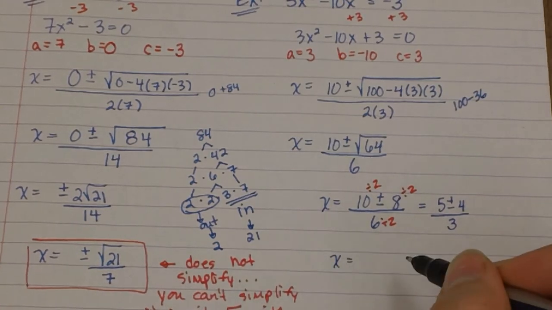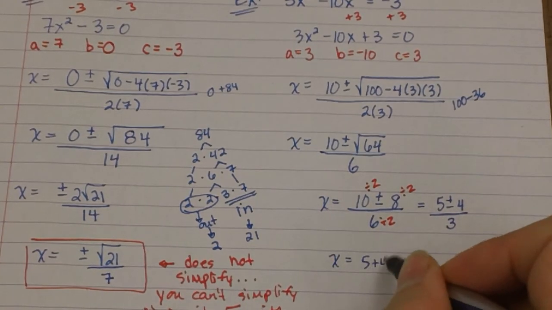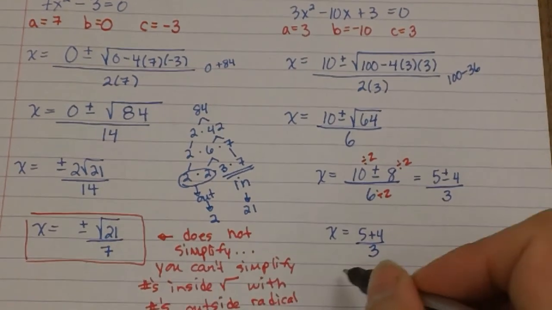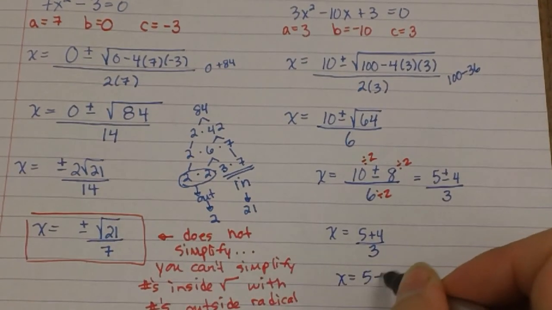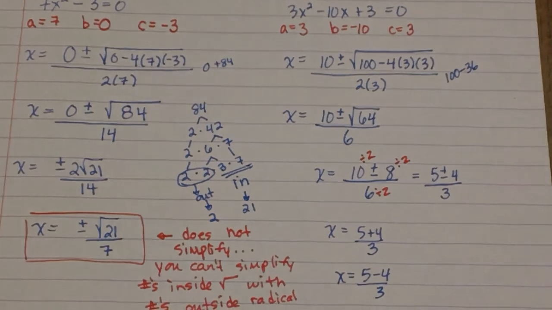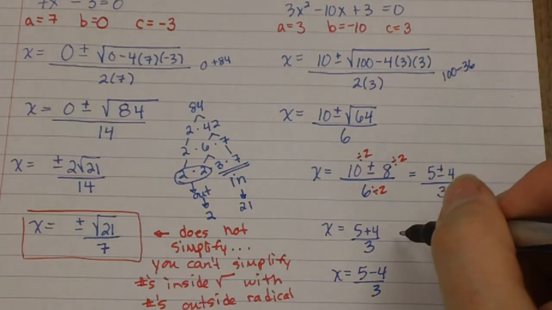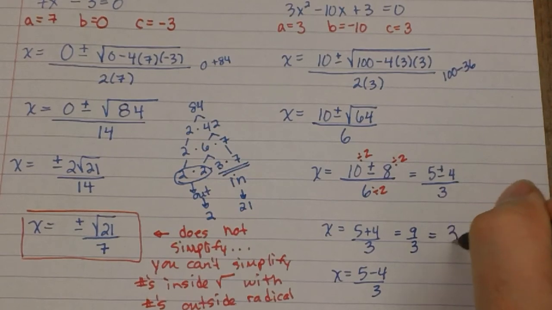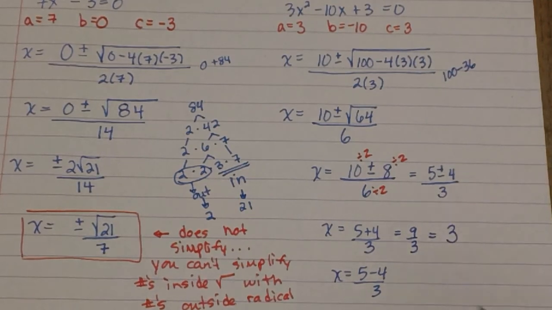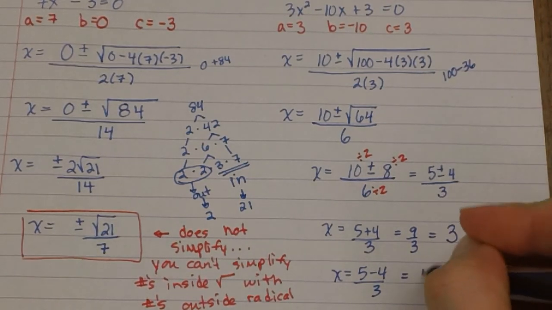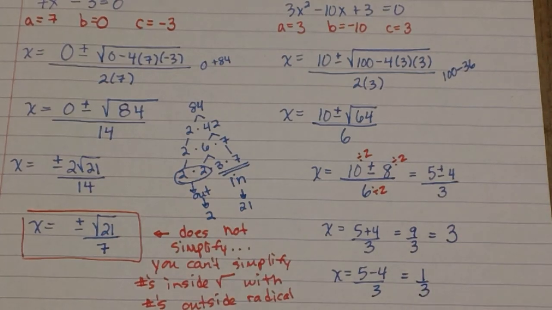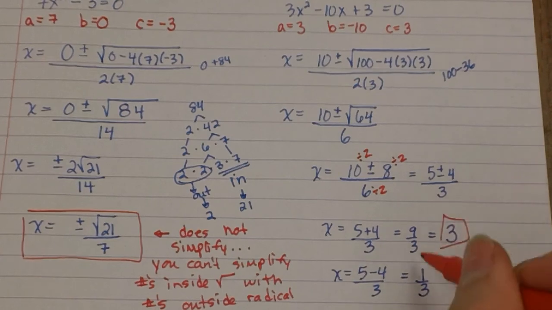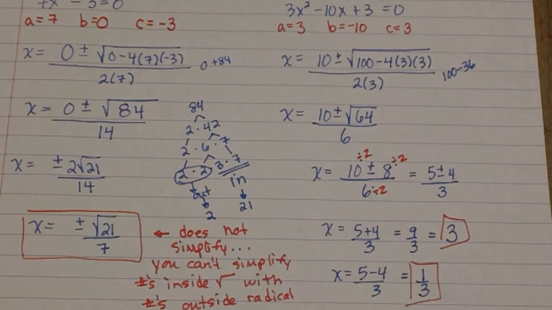So x will equal 5 plus 4 over 3, or x will equal 5 minus 4 over 3. When we do the 5 plus 4, we get 9 over 3, which simplifies to 3. And when we do the 5 minus 4, we get 1 over 3, and that doesn't simplify. So my two solutions are 3 and 1/3.